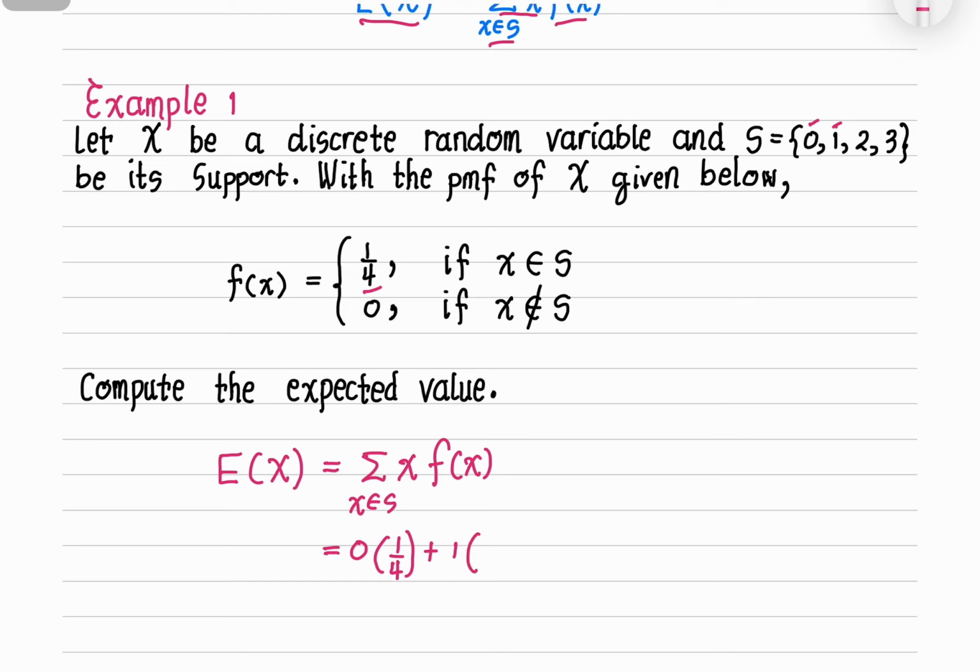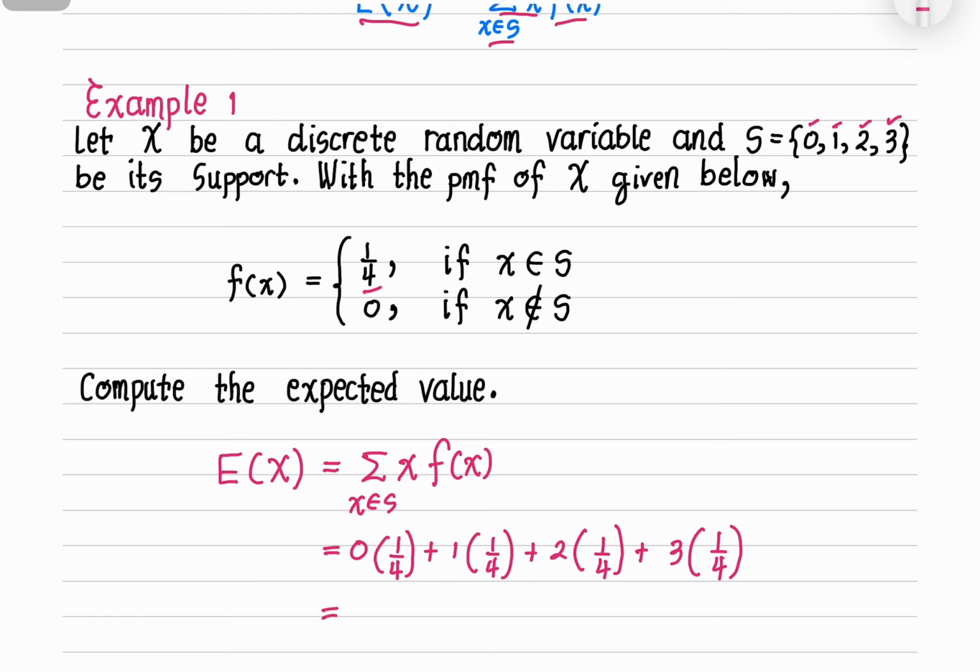So 1 times, of course, with its corresponding probability of 1/4, so magkapares lang sila. And then, plus, of course, next is 2. So 2 times the corresponding probability, which is 1/4 again, plus 3, times 1/4 also, its corresponding probability.